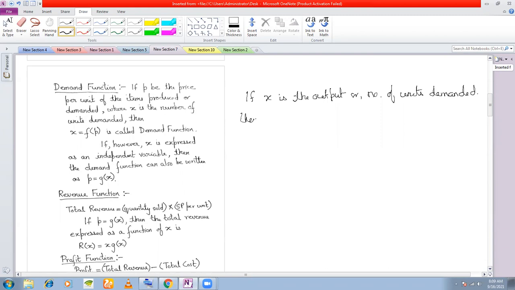Then the demand function is given by x, the number of units produced, is equal to some function of p, where p is the price per unit or the selling price per unit.